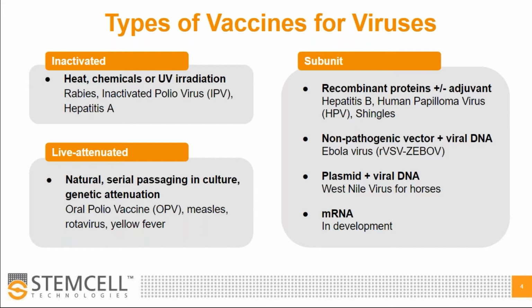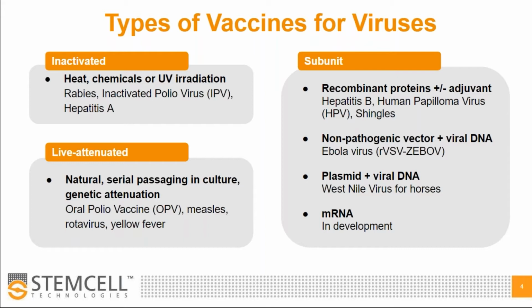One recent example is the Ebola virus vaccine, which is based on the vesicular stomatitis virus backbone. There are the plasmid-based subunit vaccines, which is a plasmid with a gene from the pathogenic virus inserted, and these are currently only available as veterinary vaccines. And there are also several mRNA-based subunit vaccines that are currently still in development, with one very important one being the mRNA vaccine from Moderna that is currently being tested for SARS-CoV-2 vaccination.